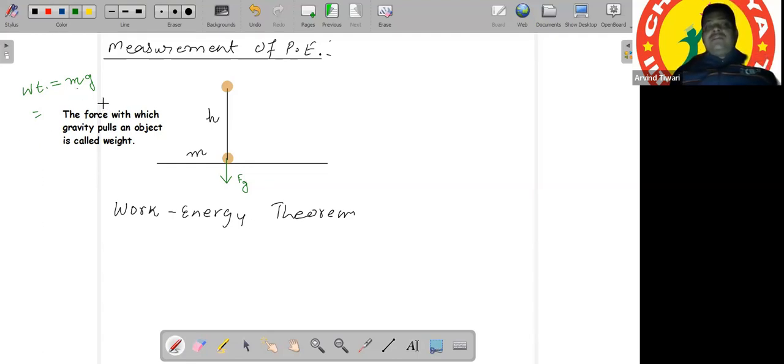Mass is m, the acceleration is g, so you get weight as mg, right? So this force with which this object is being pulled towards the earth is also called the weight of the object.